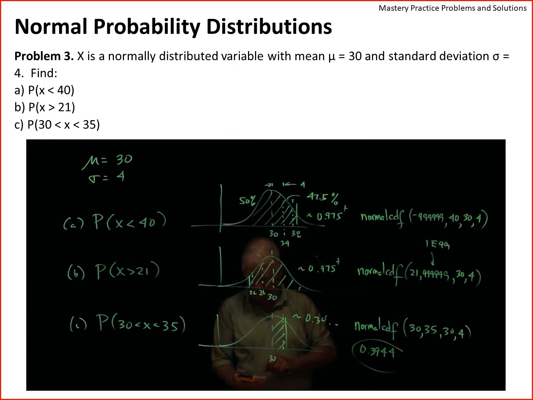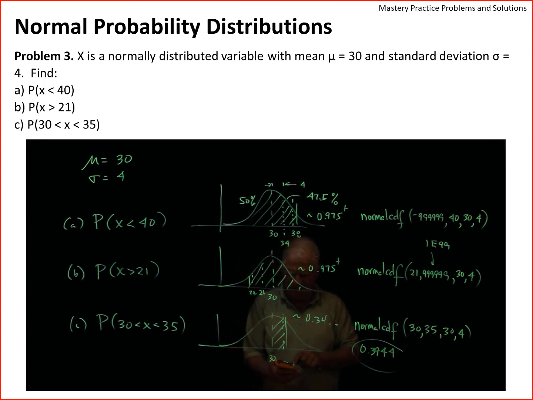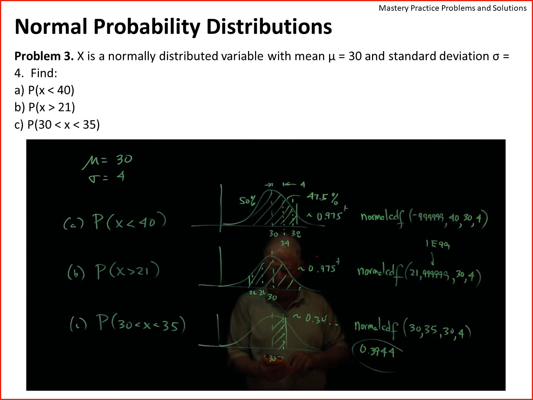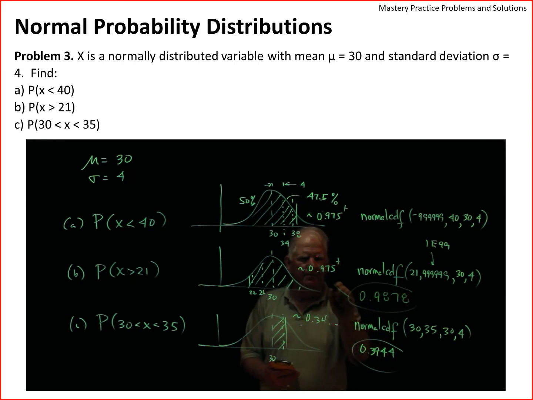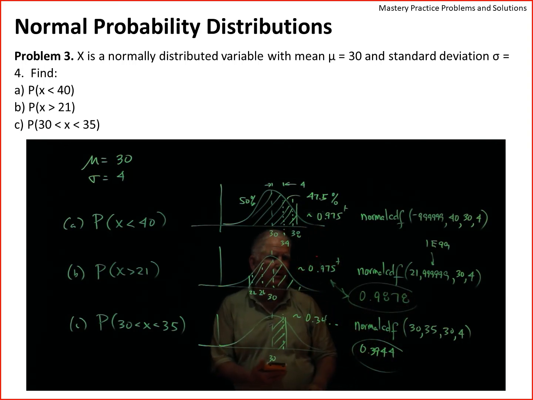So let me go to this one right here. Right back to distribution, right down to CDF. The lower bound in this case is 21. The upper bound is 999999, then 30 and 4. I'm pasting, and I'm looking for a big number, and it's 0.9878. Again, that compares pretty favorably with our guesstimate.